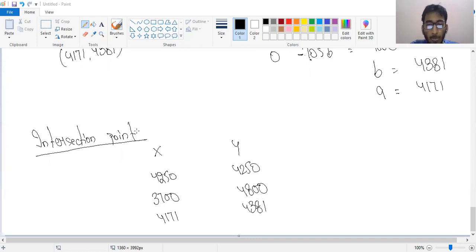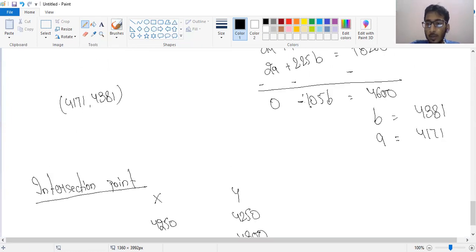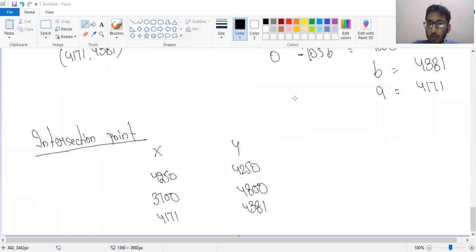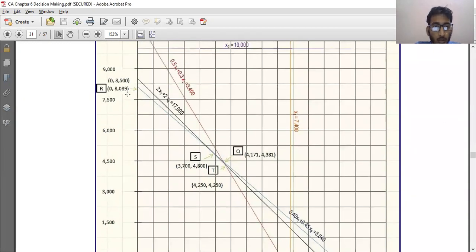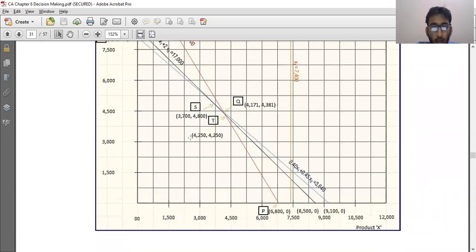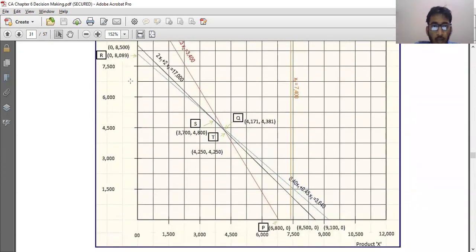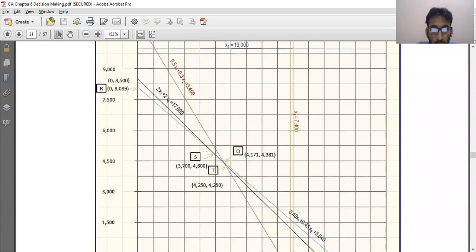If you see, we basically have 2 more points. Let's go to the graph. Where the lines are intersecting the x axis and where the lines are intersecting the y axis. The lines are intersecting the x axis and y axis at different points, like at 8500 and 8089 as well.